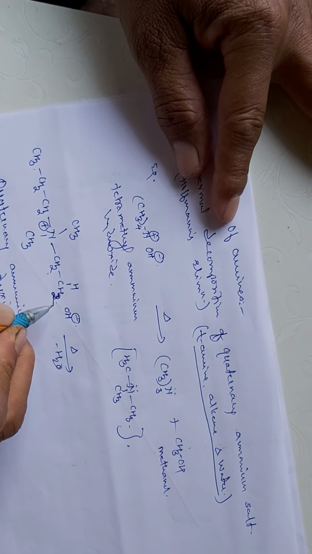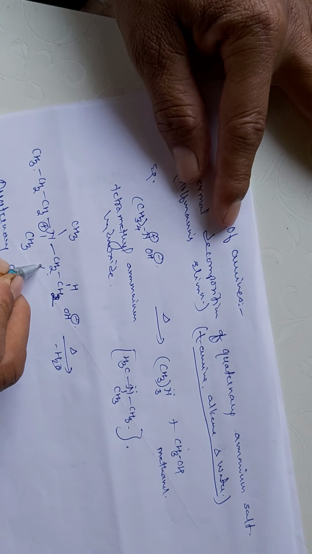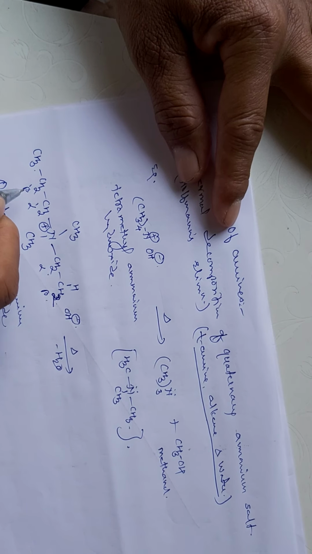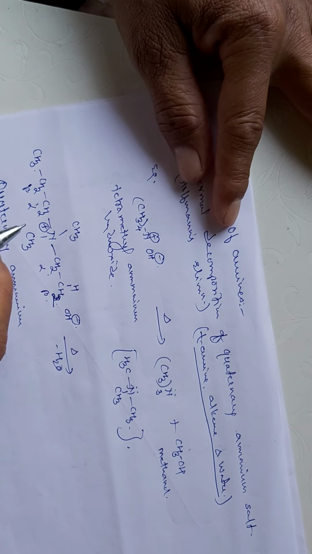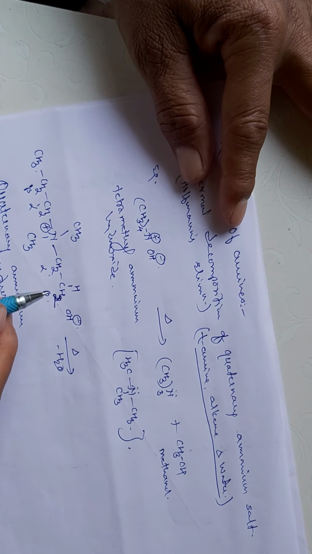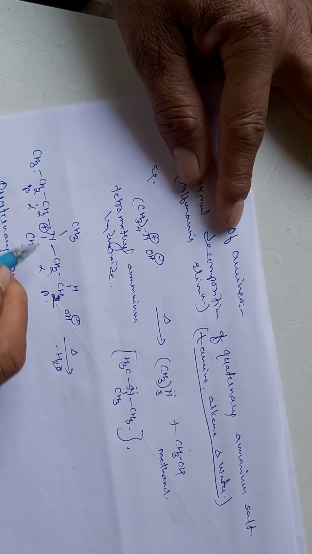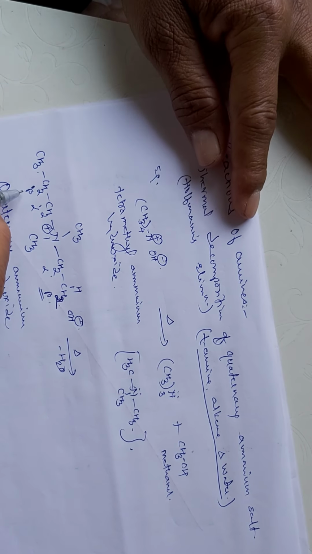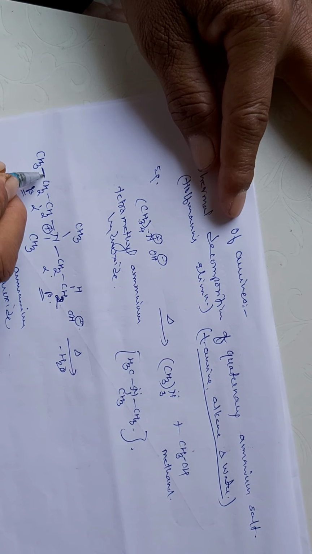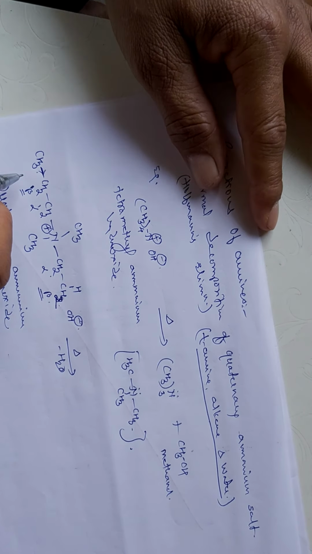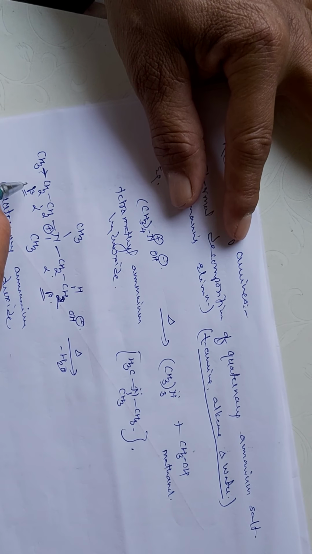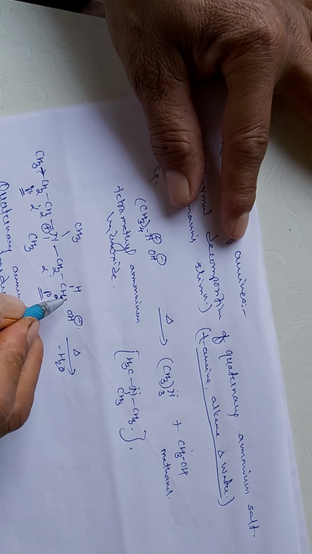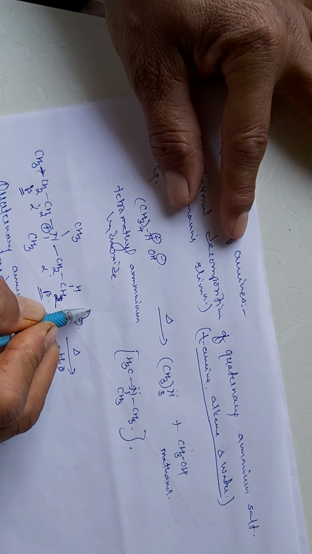Now what happens here: this CH2 and this H. This contains the alpha and beta, and here again alpha dash and beta dash. Out of beta and beta dash, the beta dash proton is less acidic, because a methyl group which is electron donating is attached to it, and here there is no electron donating group, so this proton is more acidic.